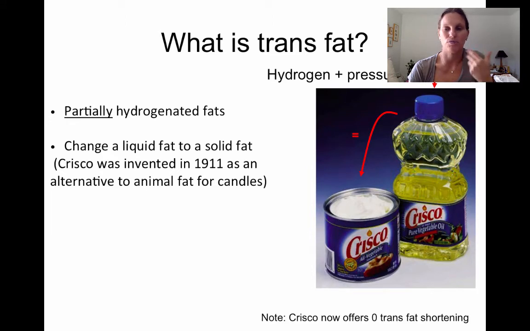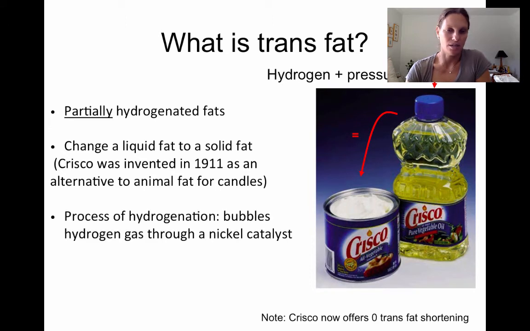This is what they fry things in, French fries or whatnot. If you ever work in a fast food place where you're frying a bunch of stuff, you'll see these vats of trans fat. And the reason for that is because it stays stable. You can keep it in a vat for a long time, and it's, I guess, reasonably stable. I mean, I don't think it's good for us, but it's stable. It doesn't go bad. You can see Crisco was invented to make candles, and somehow along the line we decided to use it for cooking.